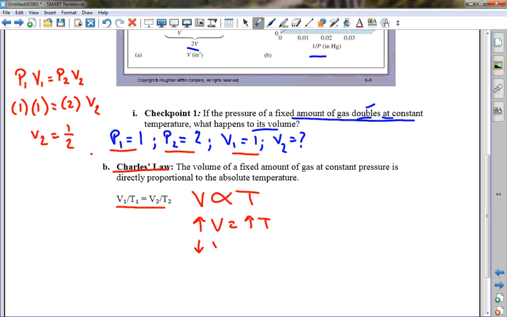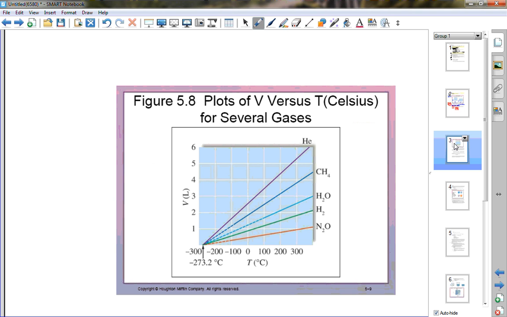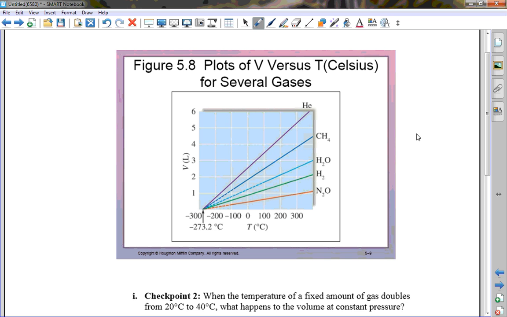Likewise, if you decrease volume, then you are decreasing temperature. This little graph shows volume versus temperature, and again, it's directly proportional. It's also giving you an idea of how different types of gases stand in relation to each other.